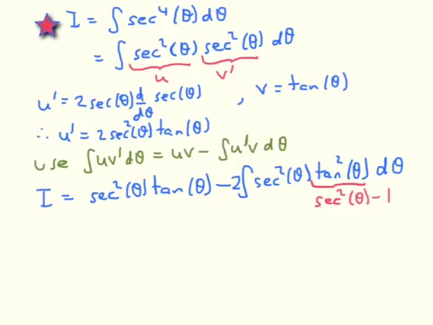So we're going to have, therefore, that our integral is sec squared theta tan theta minus 2, and then I'm going to open brackets because the minus 2 is going to multiply both of the terms here, sec squared theta times sec squared theta minus sec squared theta times 1.